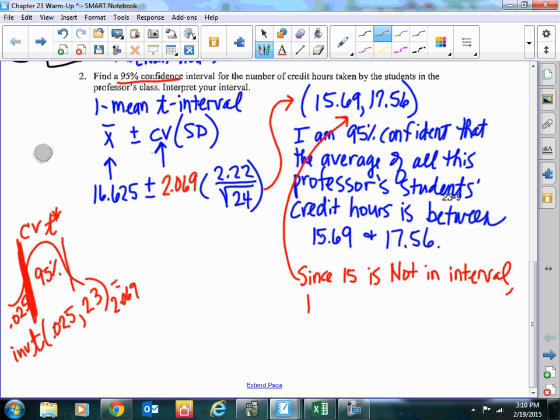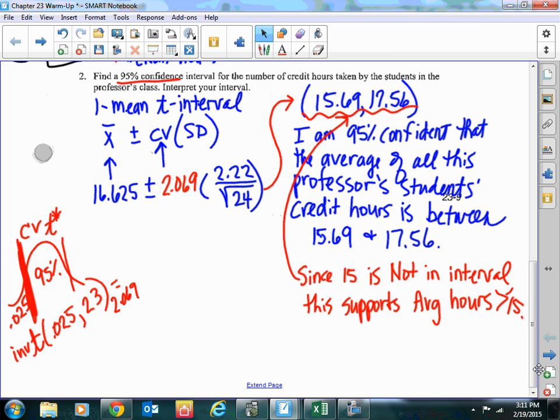This supports the average hours being greater than 15. Probably I could word that better and say since the entire interval is above 15, this supports the average credit hours for this professor's students being greater than 15. And that's it.